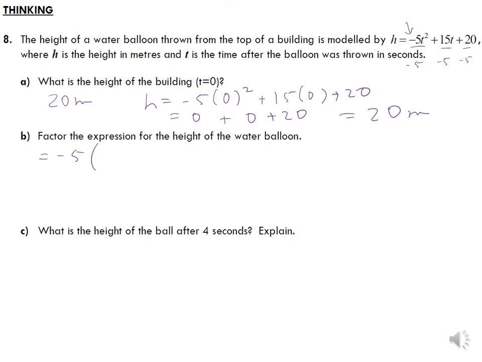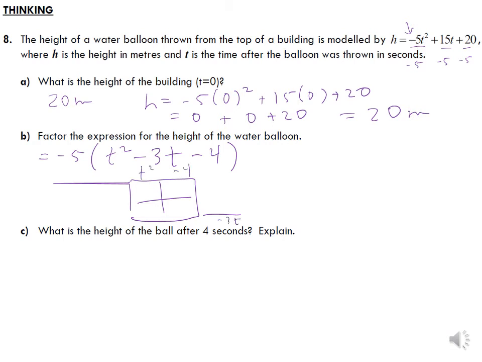And that's going to leave us with t squared, and then -3t, and then -4. Now what you see left over in brackets, 3 terms, squared, plain letter, just a number, you're going to have to use this guy: t squared, -3t, -4.